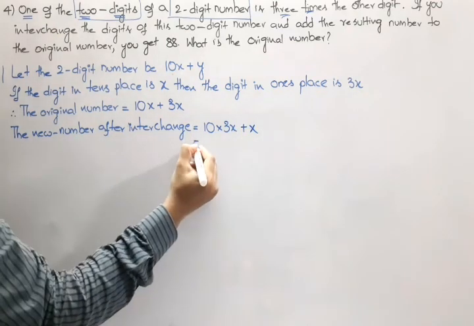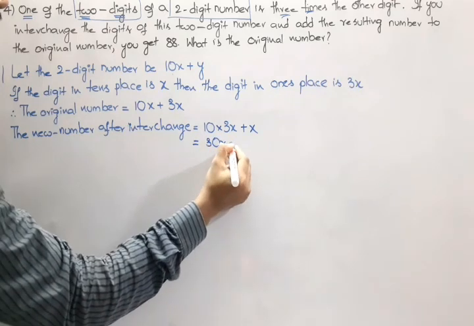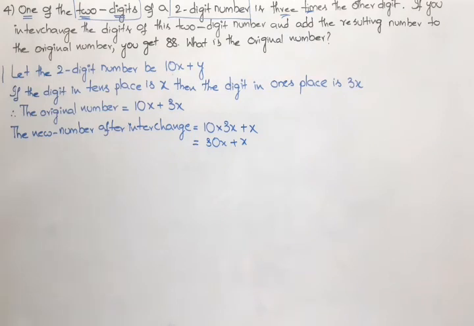So that is equal to 10 into 3x, 30x plus x. Though the terms are like terms, don't add them, just wait. Now let us continue reading.